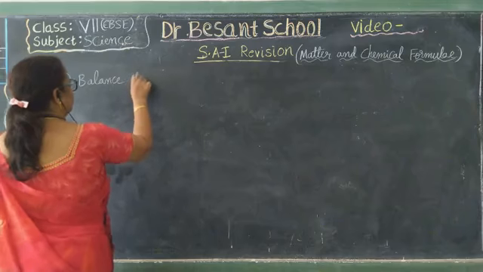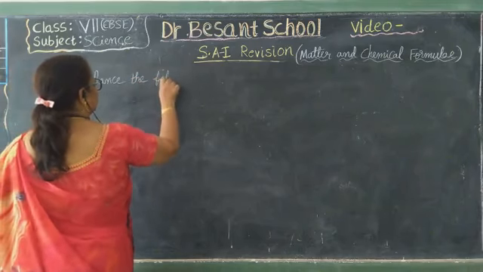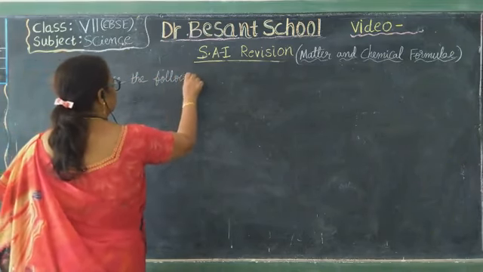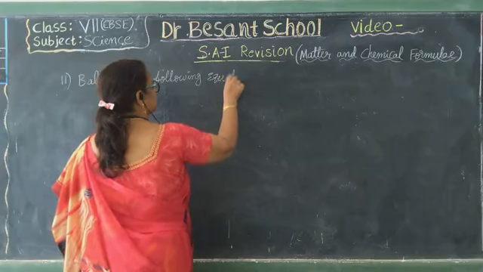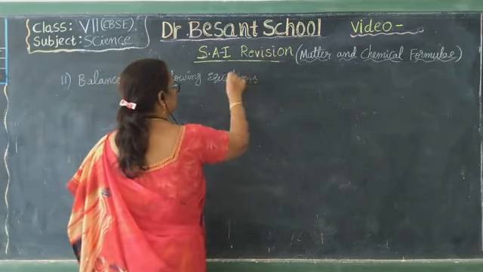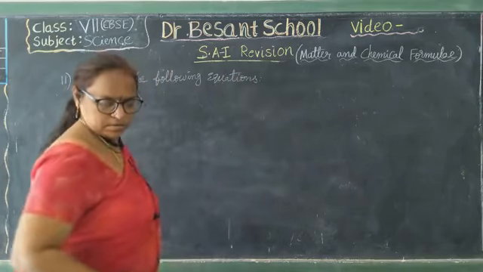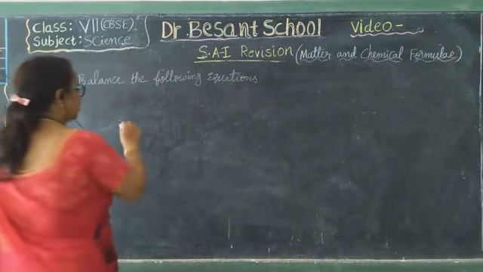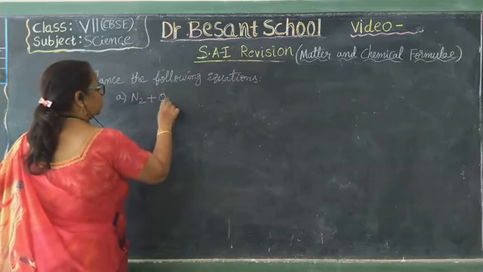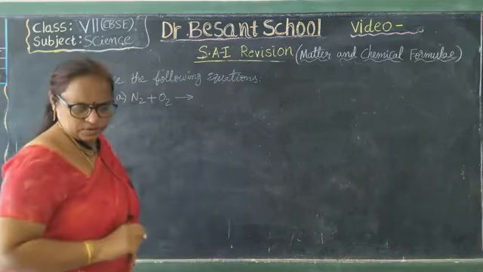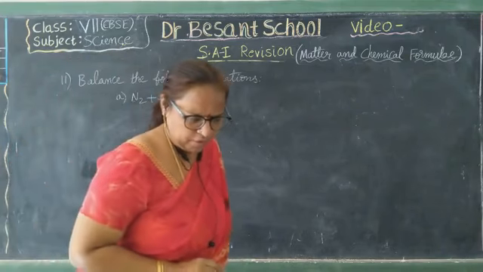Balance the following equations. First one, N2 plus O2 gives rise to N2O5.